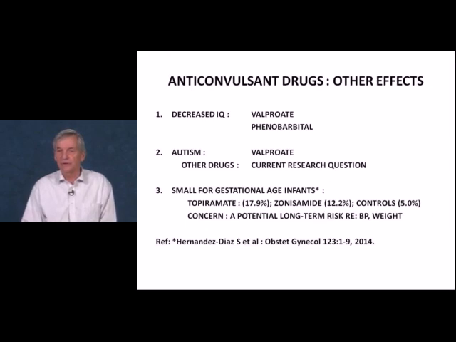She's a very senior epidemiologist working at the Harvard School of Public Health, where she's a professor. You can see the data as analyzed showed among the controls about a 5% frequency of infants having a birth weight below the 10th percentile. And by comparison, topiramate and zonisamide exposed infants had a much higher risk for being growth retarded.